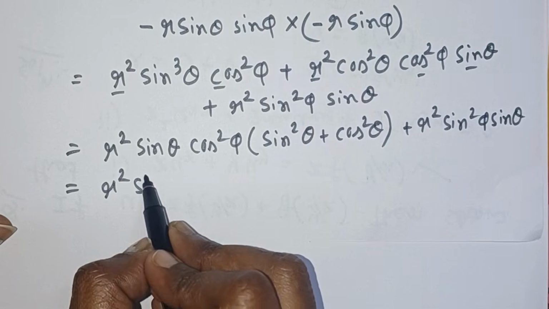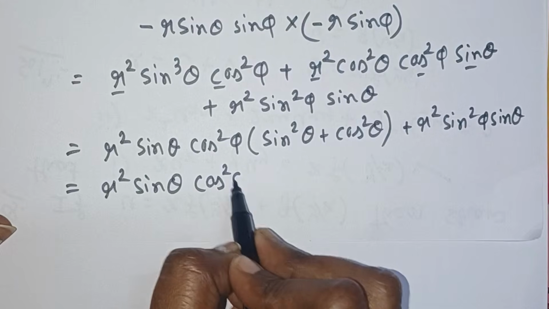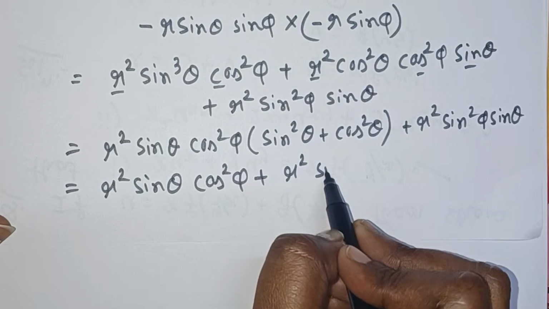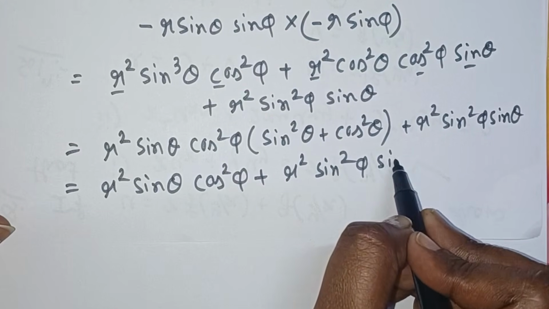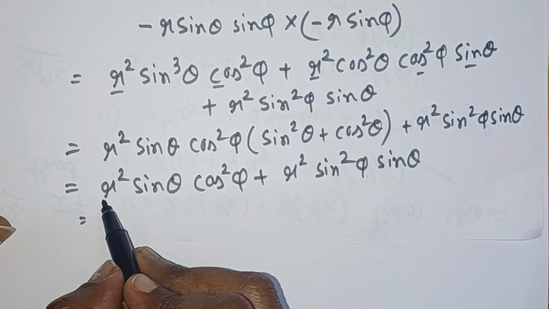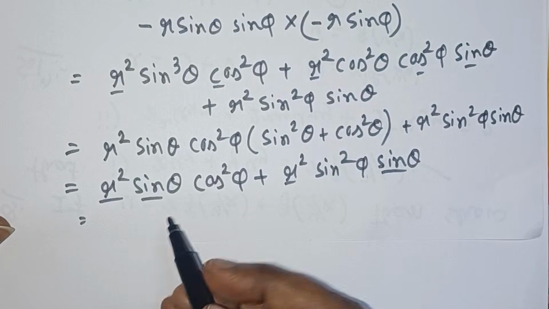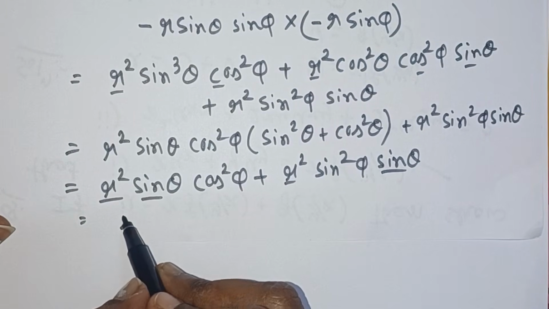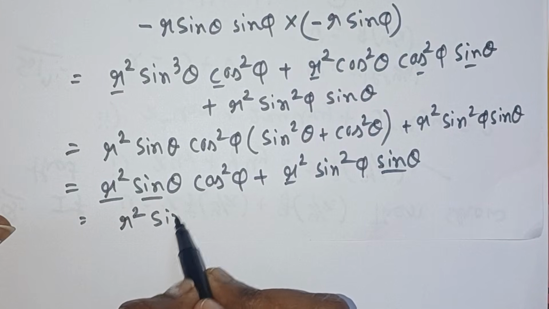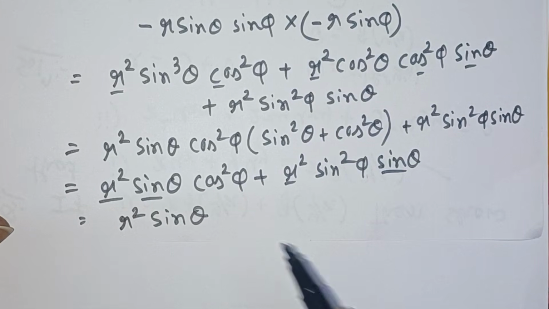Hence r square sin theta cos square phi plus r square sin square phi sin theta, because sin square theta plus cos square theta equal to 1. That is, if we take r square sin theta, then cos square phi plus sin square phi is equal to 1. So it will be r square sin theta.